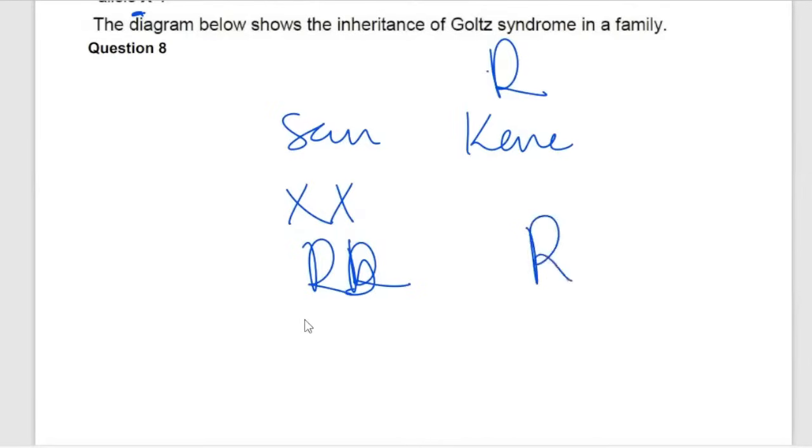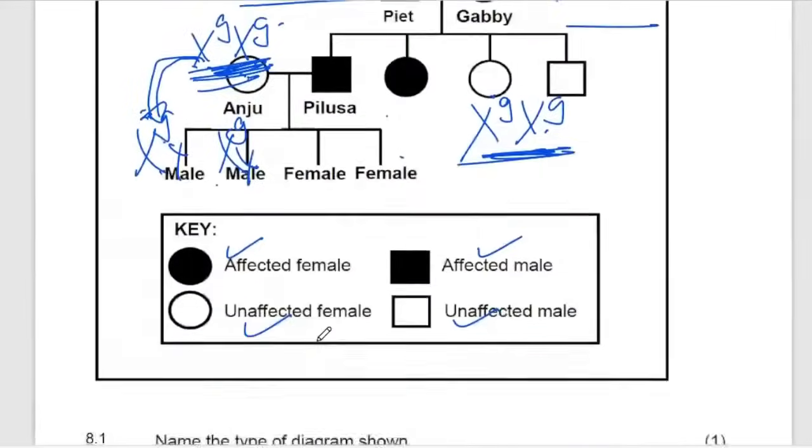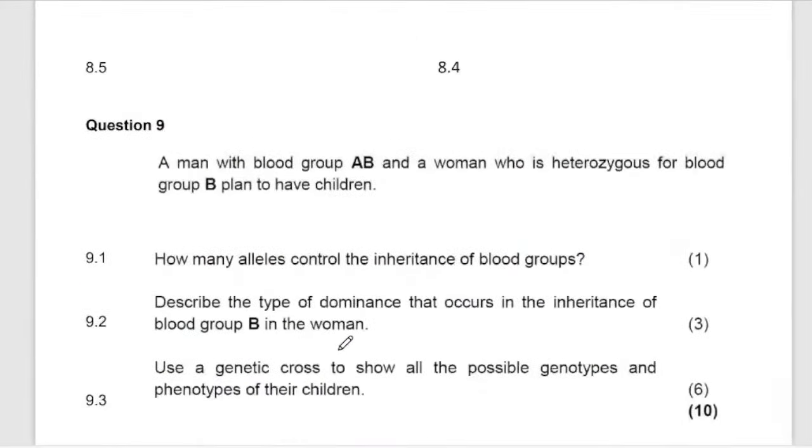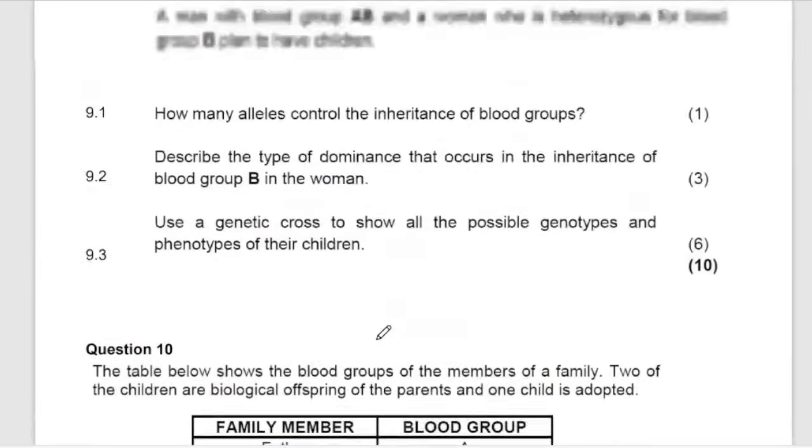If it's heterozygous, it is R, small r. You don't put them on X and Y. That is the major difference between the two. Okay, lastly, about blood group.